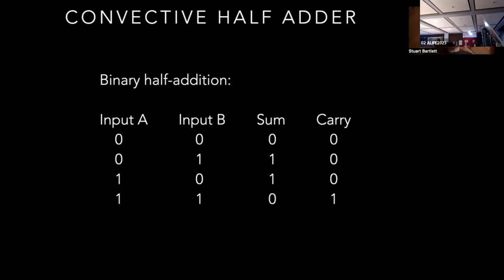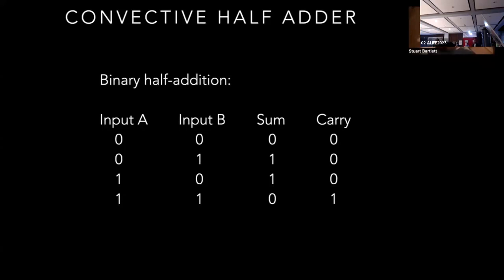If you have a 1 on either of the two inputs, you have a sum of 1. And then if you're giving two binary 1 inputs, then of course it shifts to a 1 in the carry digit and a 0 in the sum digit. And it's possible to make binary half adders out of 5 NOR gates.